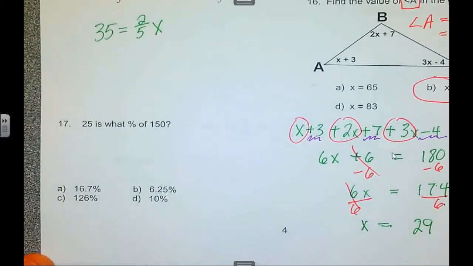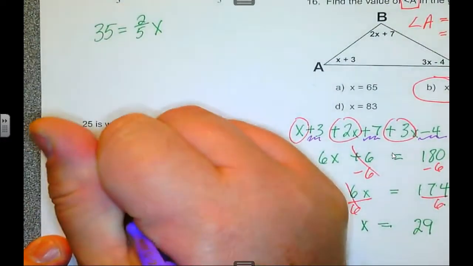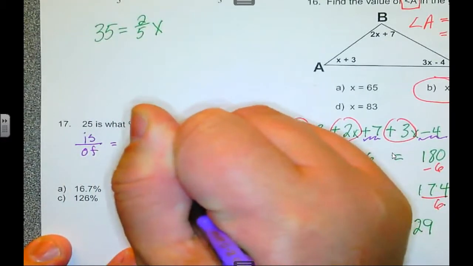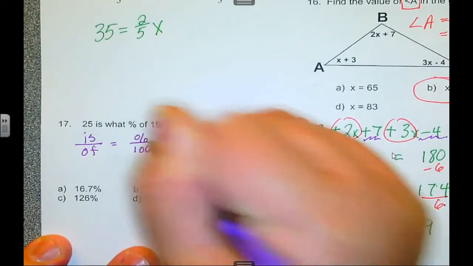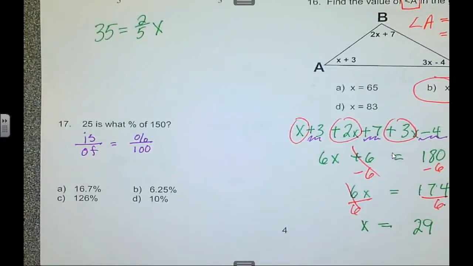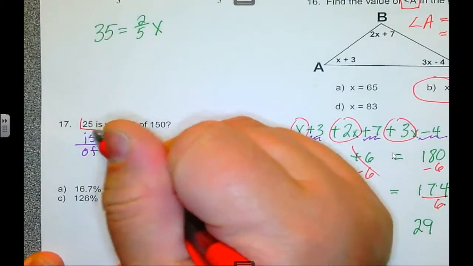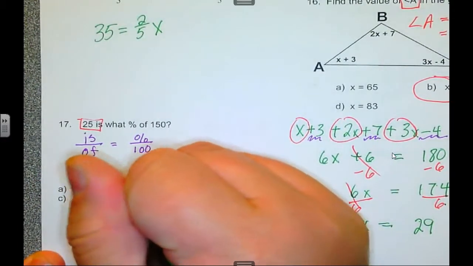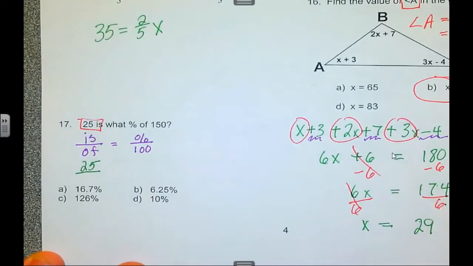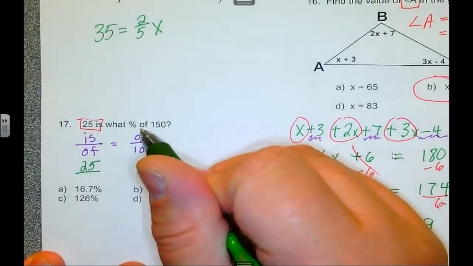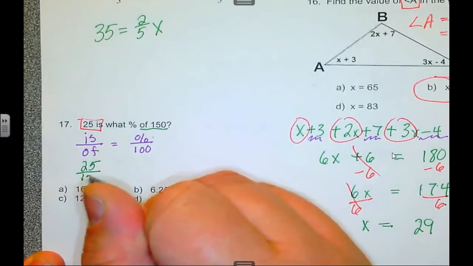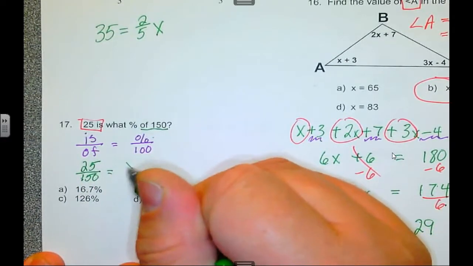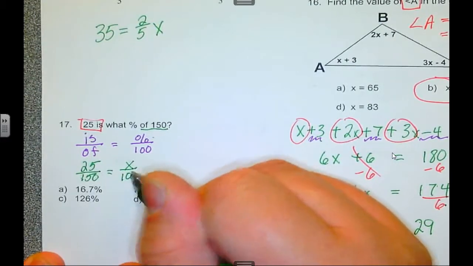17. I'm going to use that is over of equals percent over 100. Here's my is, 25. Where's my of? Oh, there it is, 150. What percent? We don't know. Over 100.